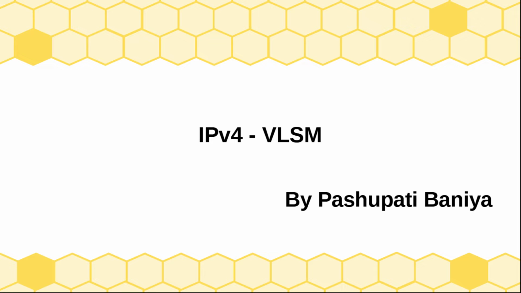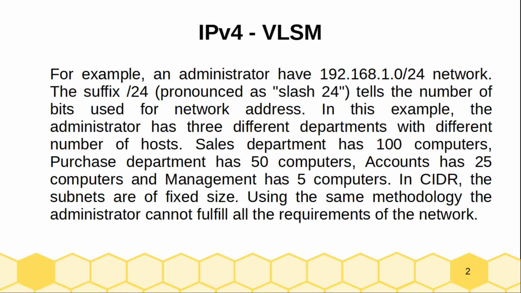For an ISP, it is not feasible to divide the IP addresses into fixed size subnets. Rather, he or she may want to subnet the subnet in such a way which results in minimum wastage of IP addresses.